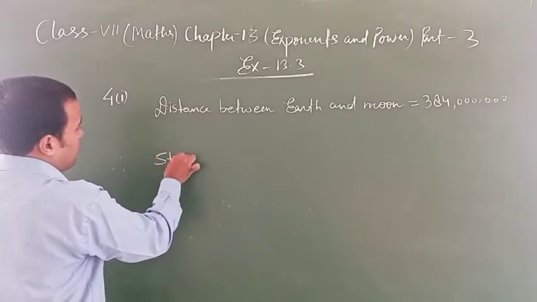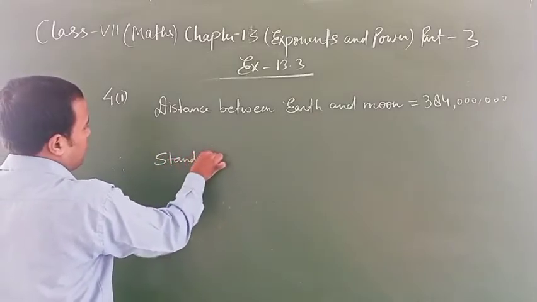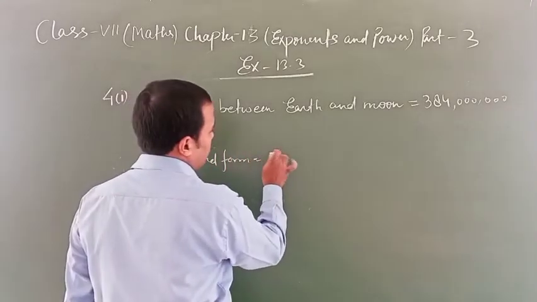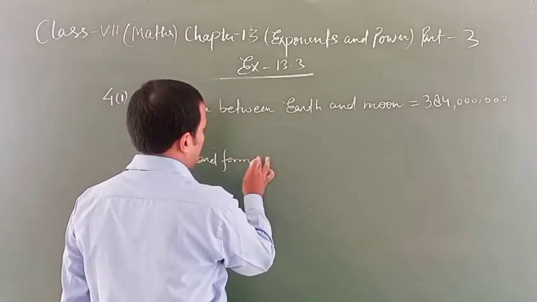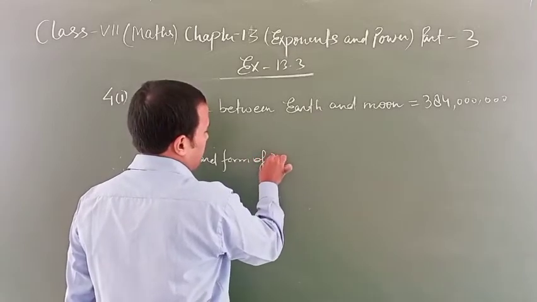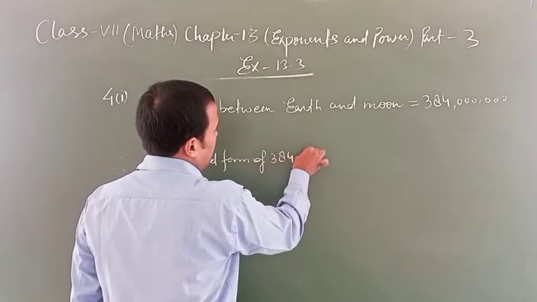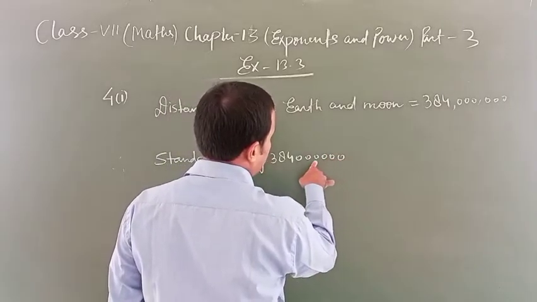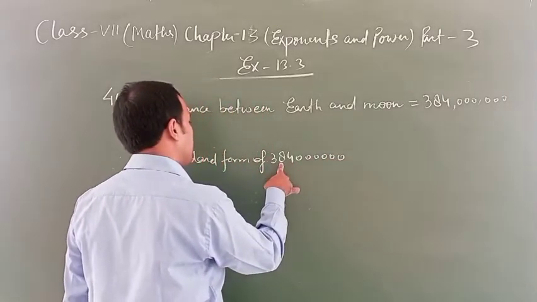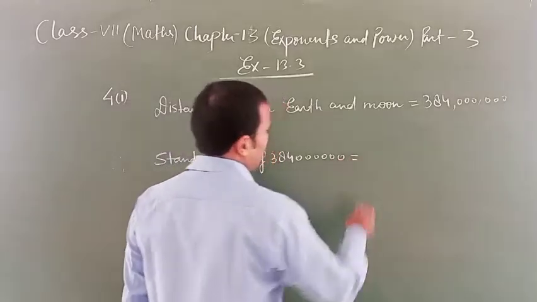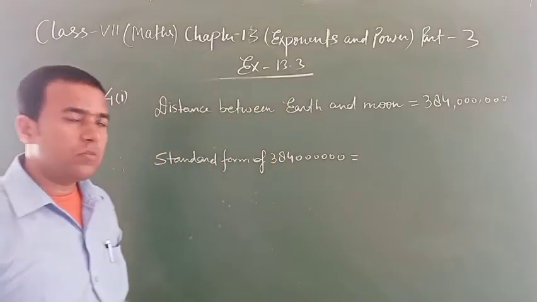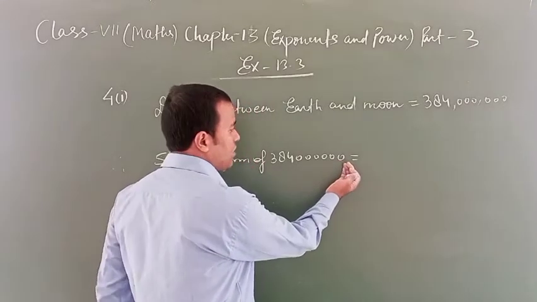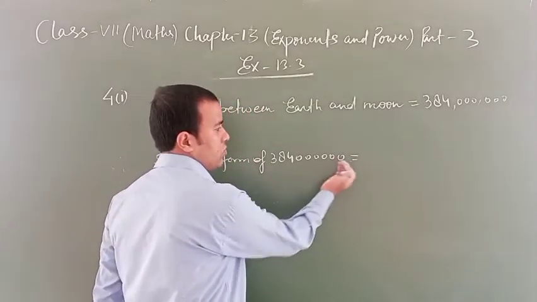Standard form equal to the form of 38 crore 40 lakh: 1, 10, 100, 1000, 10 lakh, 10 crore. Clear? So write in standard form. Standard form means from right to left.